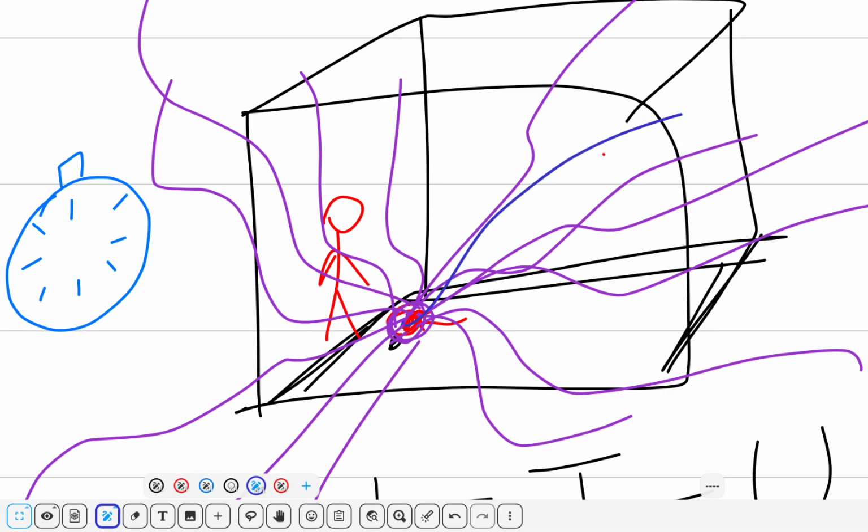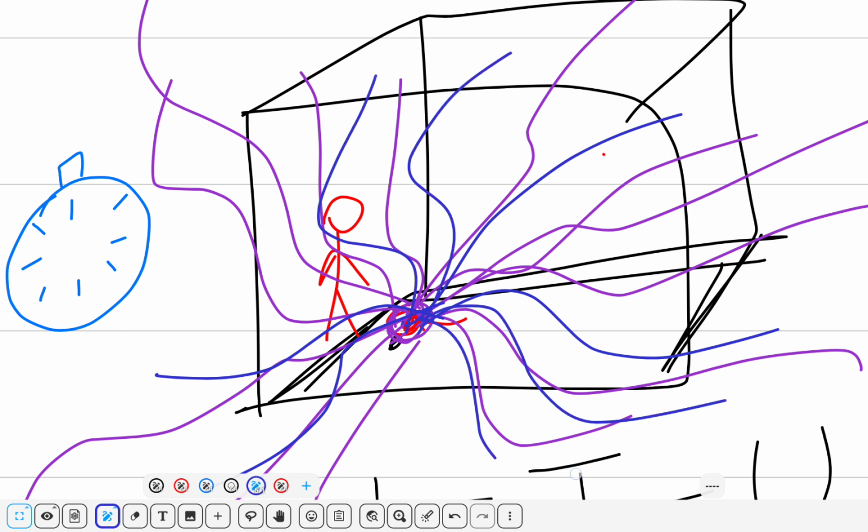Every single trajectory it will follow will have its own action value. You have an initial point, you have an end point, and between them you have trajectories, and every trajectory will have only one action.